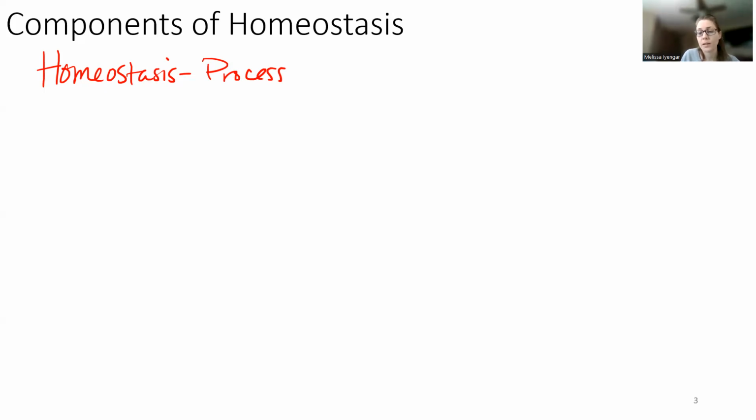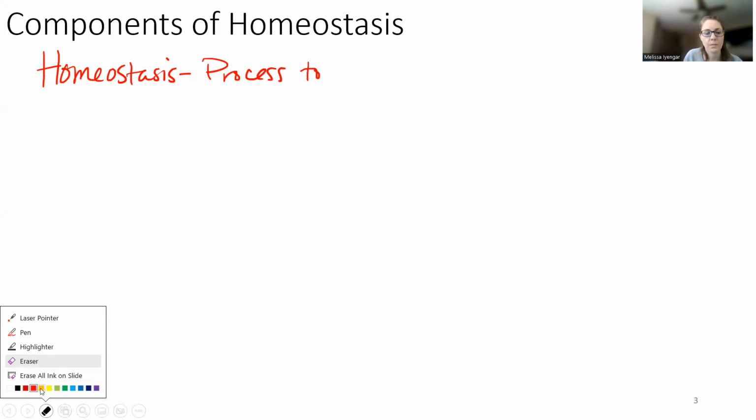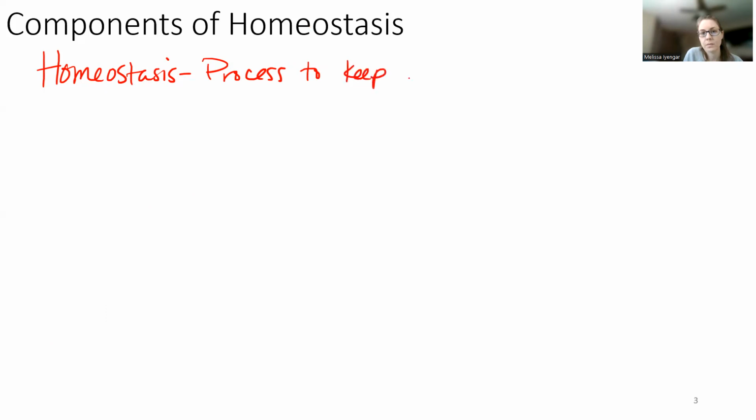The purpose of the process is to make sure that variables in the body remain stable. So we're just going to say a process to keep variable levels stable, even if they change, okay?